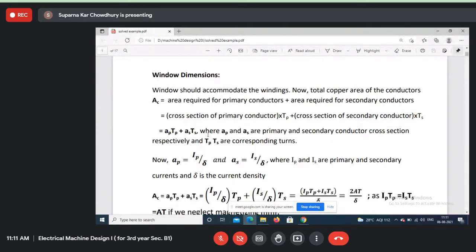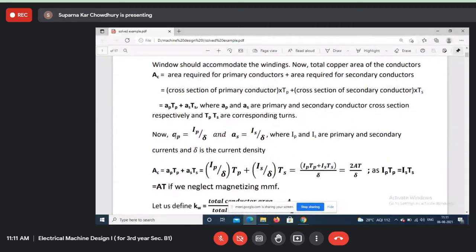Now AP, the area of the primary conductor, is related to the current rating, because a particular current density is allowed depending on the material. If we exceed that, then the temperature rise will be very high.